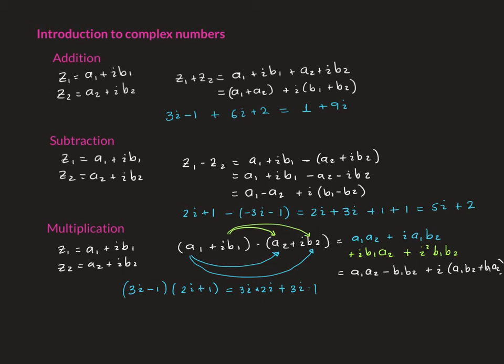And also minus 1 times 2i and minus 1 times 1. This is 6i squared plus i minus 1. And that is equal to i minus 7.